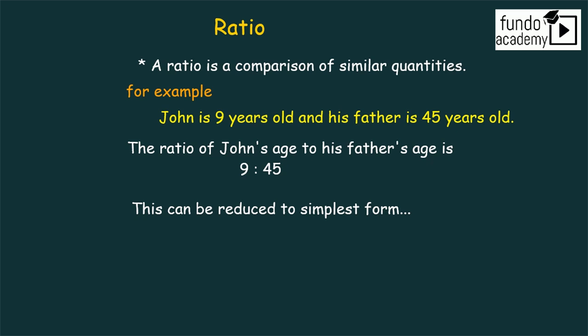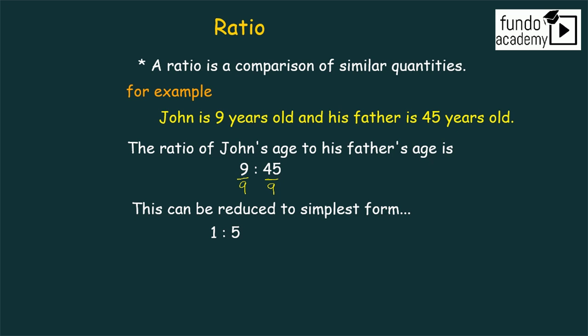So it's legal for us to divide both terms by 9 in this case, and what we'll be getting right there is 1:5. So this is the reduced or the simplest form for the ratio 9:45, John's age to his father's age. So you must be able to simplify given ratios, expressing them in simplest form.